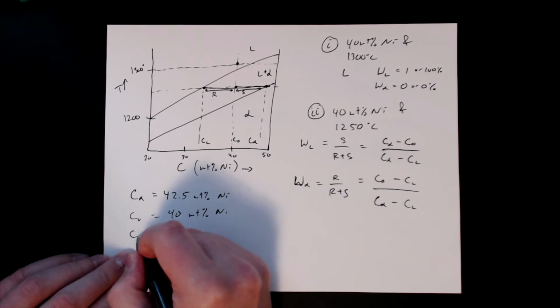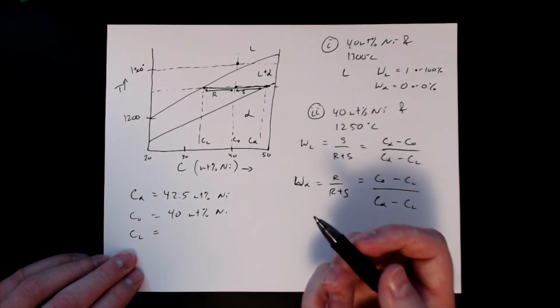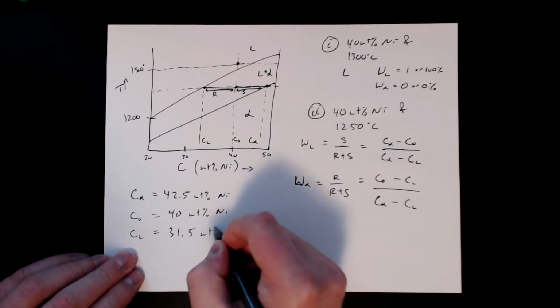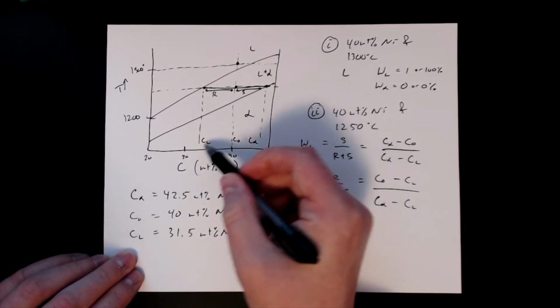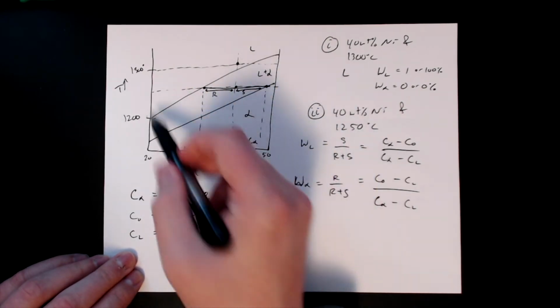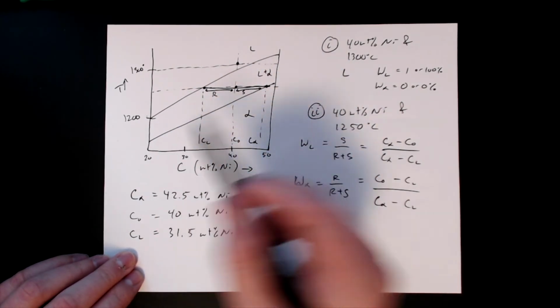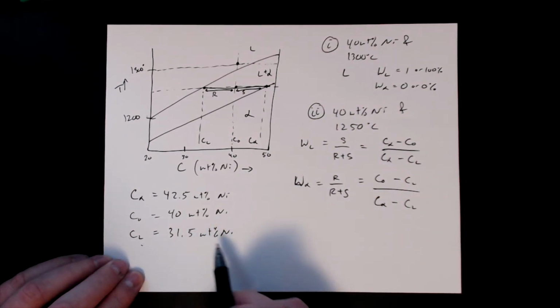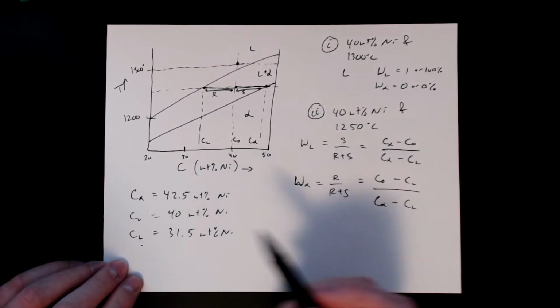And then let's see how close I was on CL. So CL looks like it is 31.5 weight percent nickel. So again, I was kind of off on where I drew this, and that's going to happen when I draw this. So I would always recommend going back to the original drawing, and so we get these more precise numbers when you look at that.